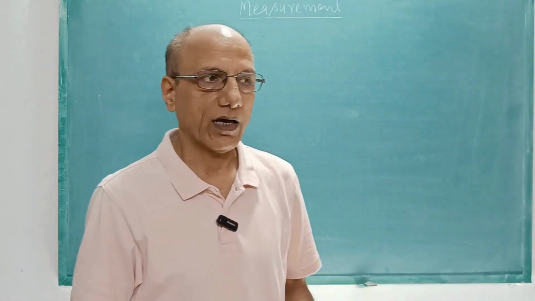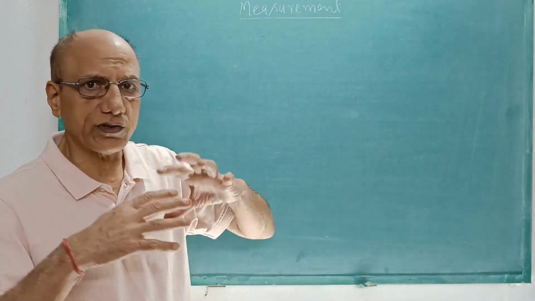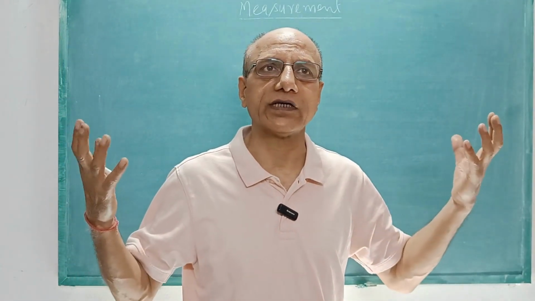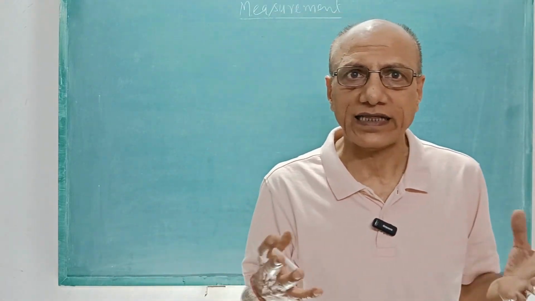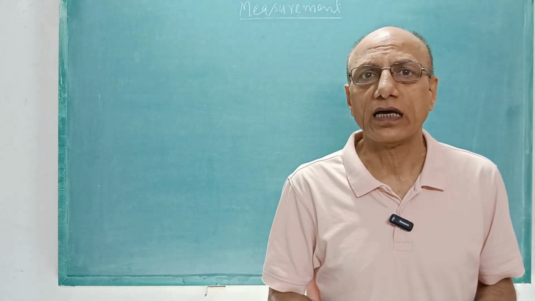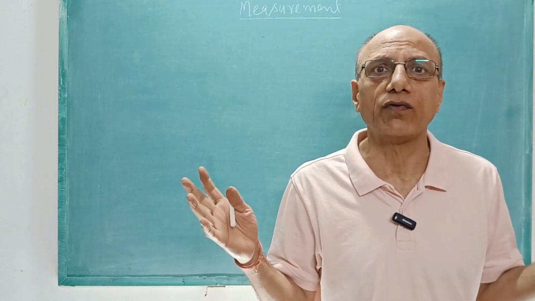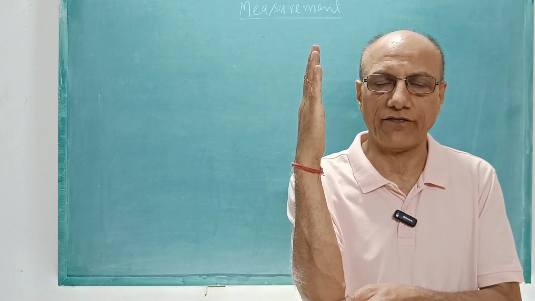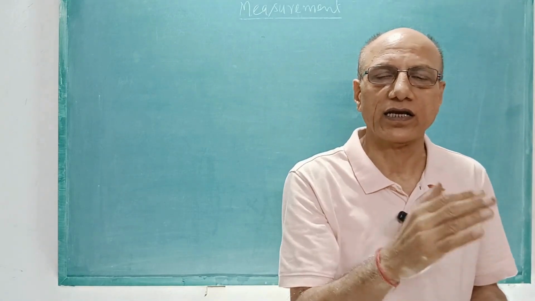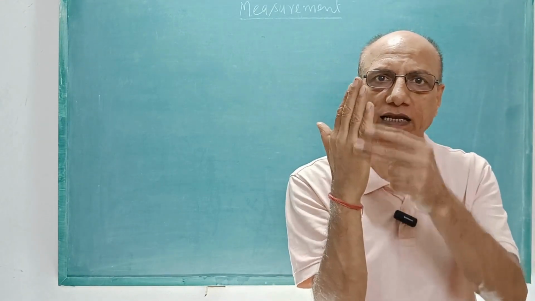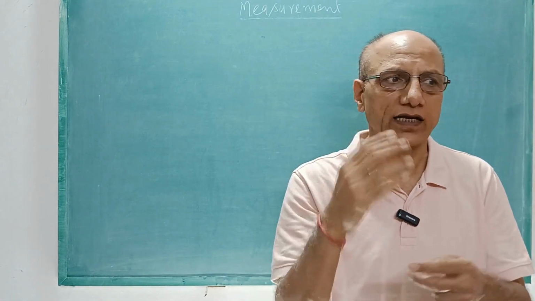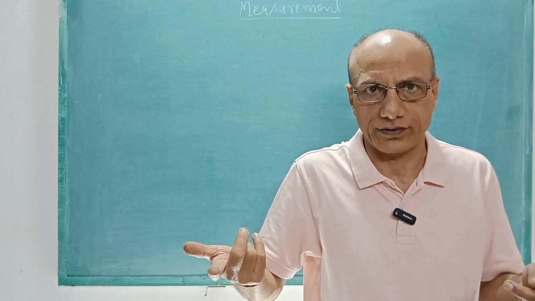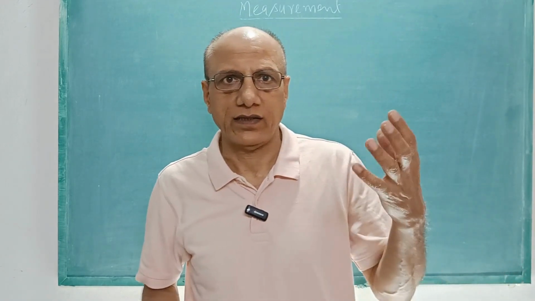So measurement is a process of comparing a physical quantity with some tool, and this time the tool was this. Suppose this is an envelope. If I want to find the length of this envelope, I can compare it with my fingers: 4, 8, and then 10 fingers length.